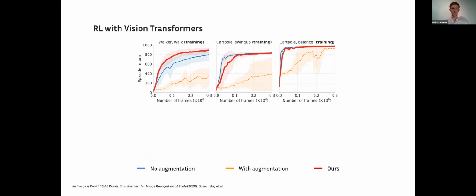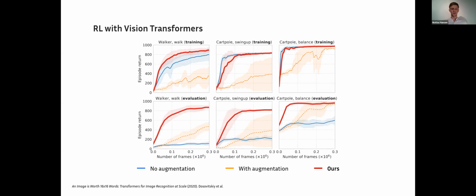We further investigate the stability and generalization of RL algorithms using vision transformers. The blue curve shown here is DRQ trained without augmentation. The orange curve is then DRQ trained with augmentation. And the red curve is our method using the same choice of data augmentation. And we find that while DRQ using vision transformers is very unstable when trained on augmented data, the sample efficiency of our method is virtually unaffected.